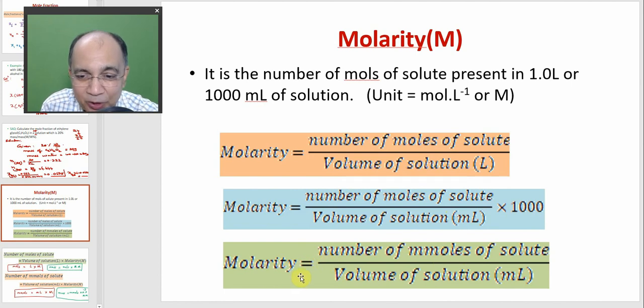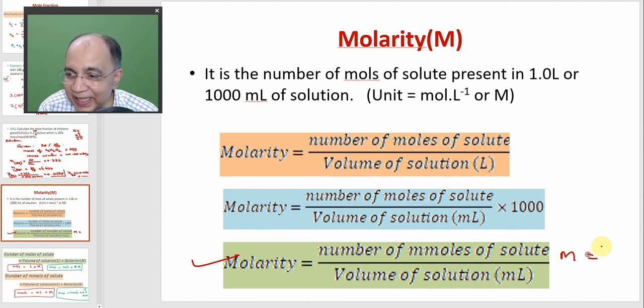So molarity can also be defined as the number of millimoles of solute by volume of solution in milliliter. This will remain the same, but this 1000 is multiplied with the number of moles to give you number of millimoles. I like this, so I used to write like this. Molarity is the number of millimole by volume in milliliter. This is the short form I write.